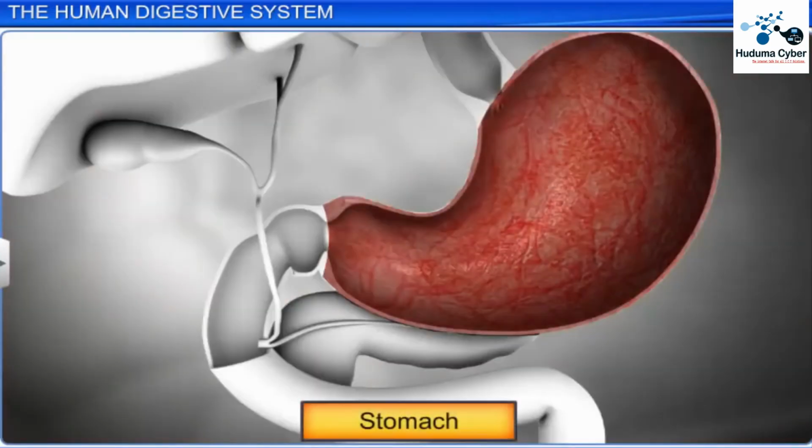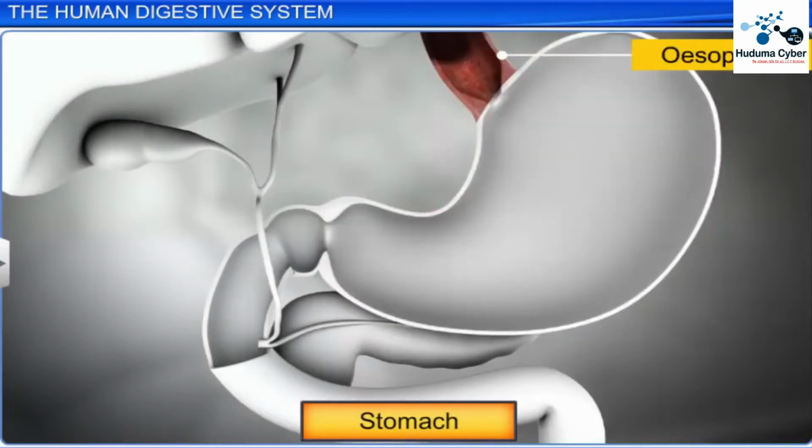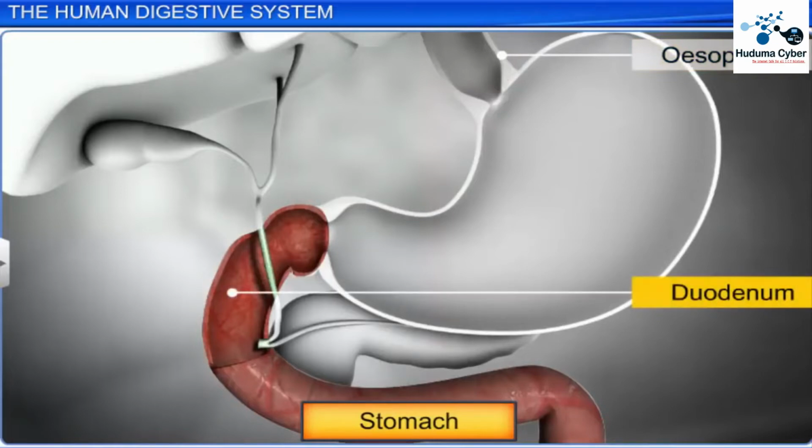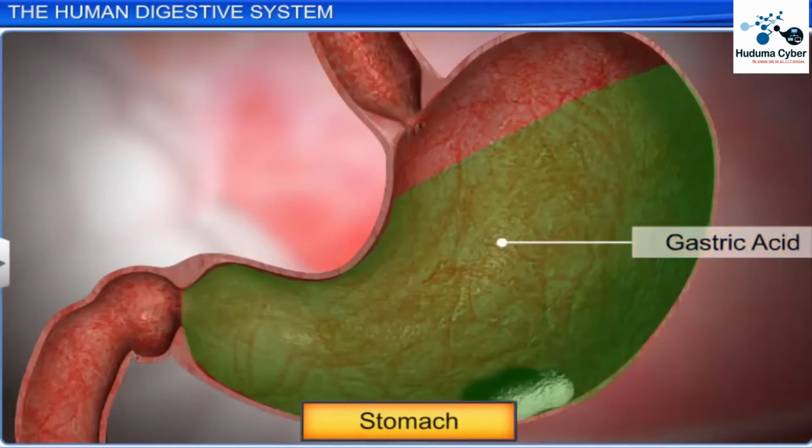The stomach, a J-shaped sac, is located in the upper left part of the abdominal cavity between the esophagus and the first part of the small intestine called the duodenum. Gastric acid inside the stomach digests the food we eat.